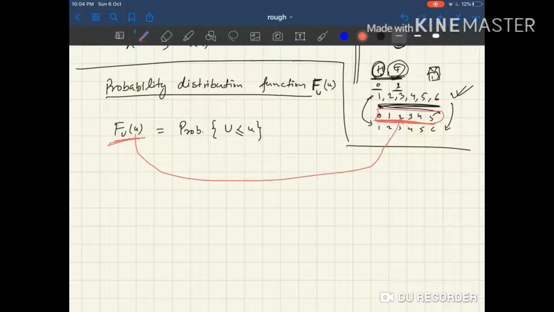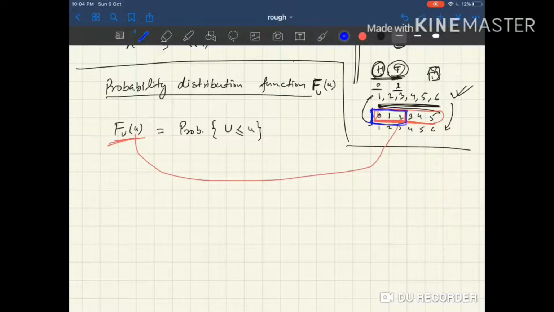That would be the probability of an occurrence where the random variable has a value less than or equal to u. So the probability of occurrence of this part is the value of F_U. That must be half, you can see. That must be 1 by 6 plus 1 by 6 plus 1 by 6, which gives you 3 by 6, and that is 1 by 2.